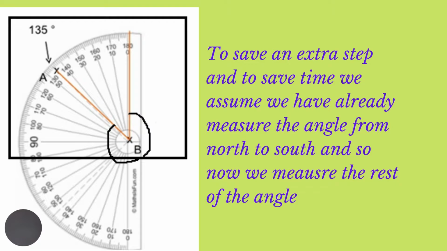This is why we are now turning our protractor in the other direction so that the zero is now aligned with the south. This does not break the rule that north is the starting point, because remember, I'm emphasizing it, that we have already assumed that we have measured from the north to the south already, and we know that that is 180 degrees.